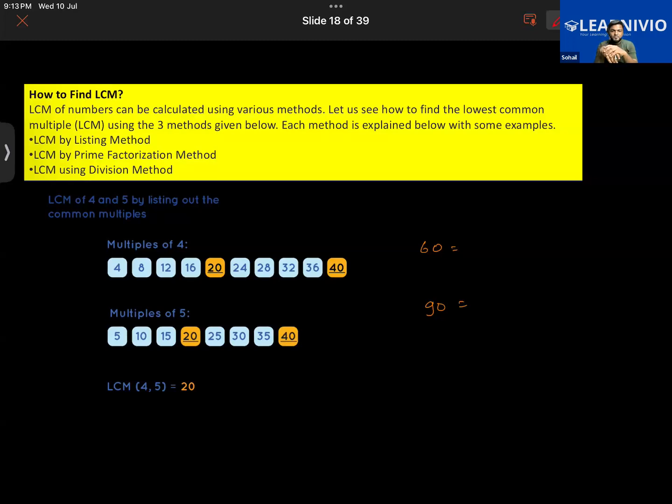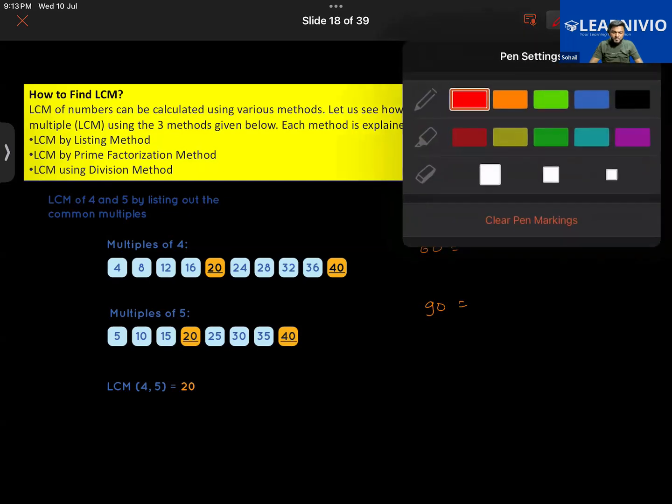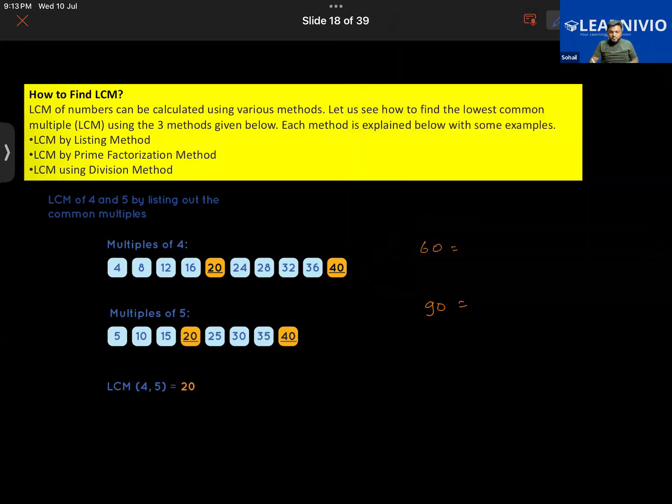Sir, how? I don't understand. We have to, like moments ago, you learned how you can find the lowest common multiple, that is LCM, by the prime factorization method. Did you understand that completely? Yes. Good.